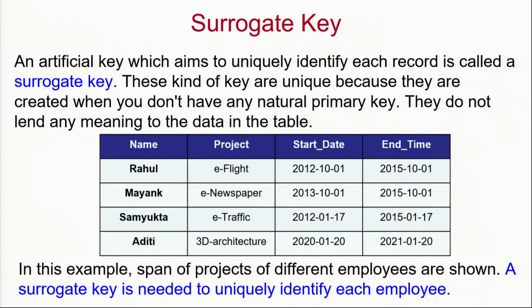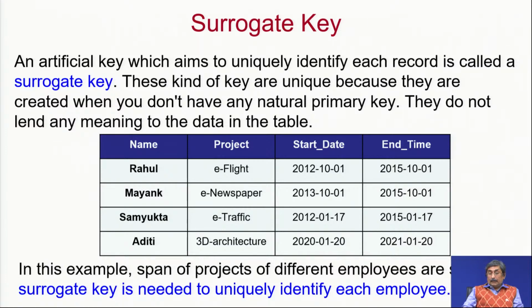At this instance, it is unique, but maybe at a different point of time, the name Rahul will not be unique. Similarly, the project T flight may have many persons working in it, maybe Rahul has worked on it, maybe another person has also worked on it, meaning the project name is not unique in the different rows of this particular table.